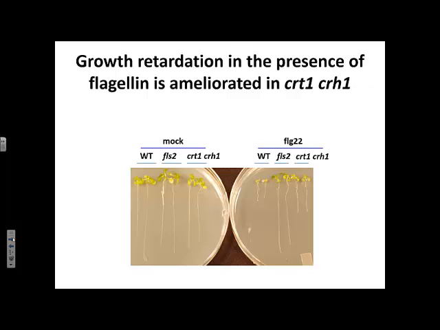Here we're measuring root growth, and fls2 is growing as if it doesn't see any flg22. And when we measure this double knockout, we were able to see that yes, the growth retardation occurs, but not as significant as wild type. So altogether, it suggests that CRT1 is involved in PTI.